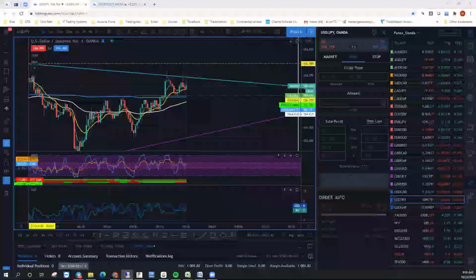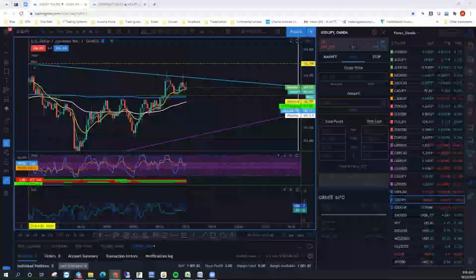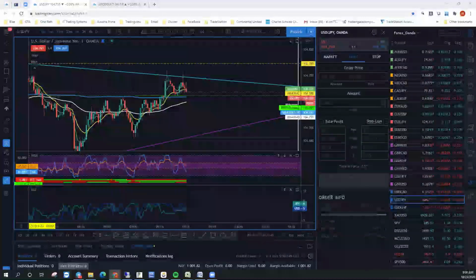USD/CAD trade at 9:30. We have a USD/CAD alert at 9:30. Oh yeah, it's true, we didn't even look at that. And that was an ascending wedge.